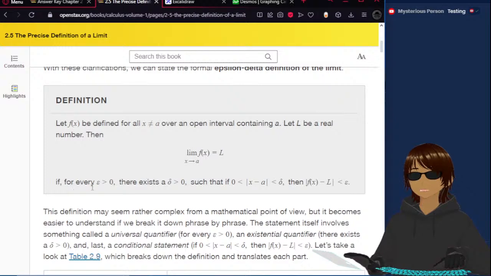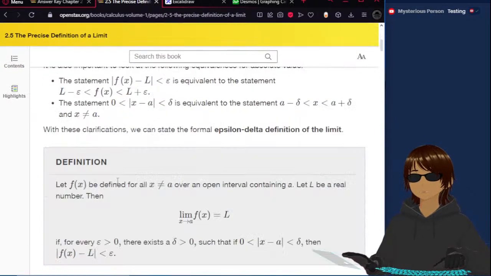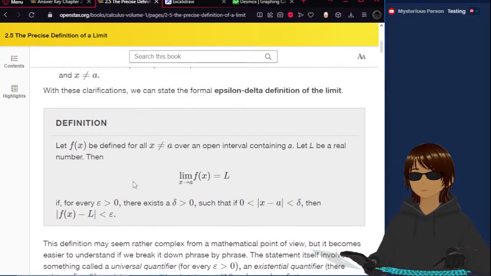If for every epsilon more than 0, then there exists a delta more than 0 such that if x minus a is between 0 and delta, then f of x minus L is less than epsilon. Hmm. Let me think more about this.